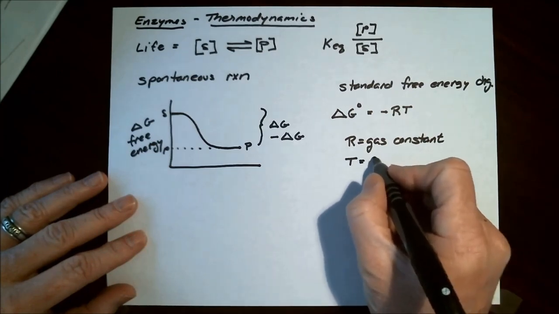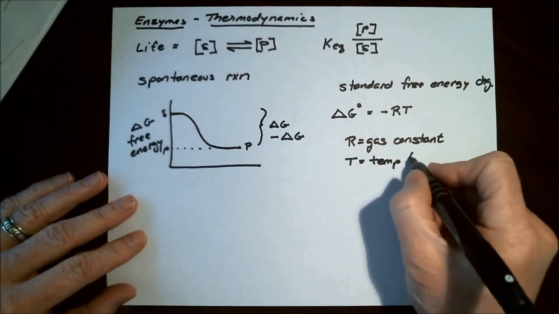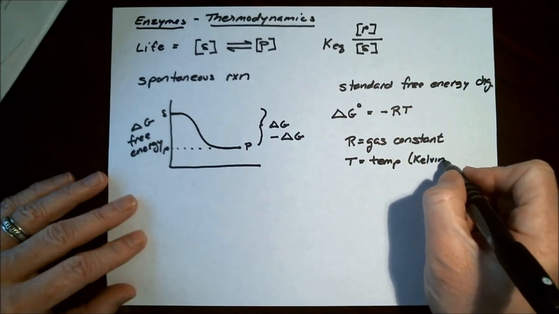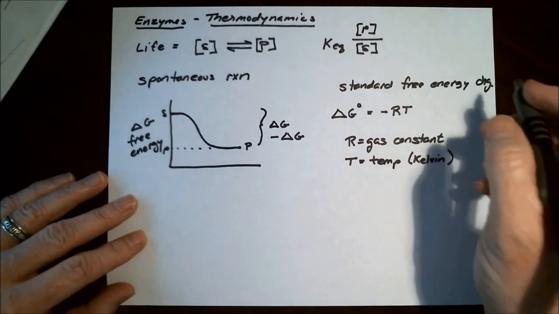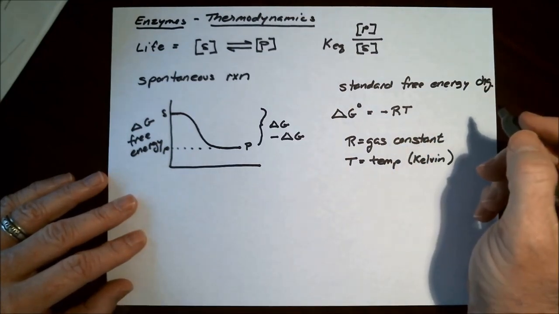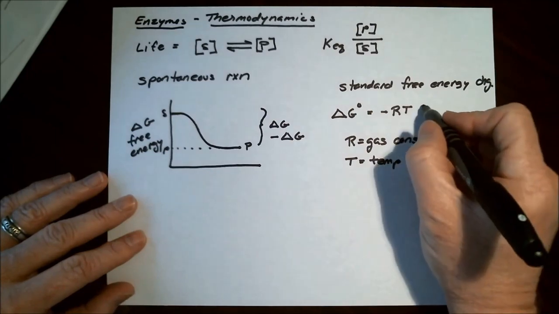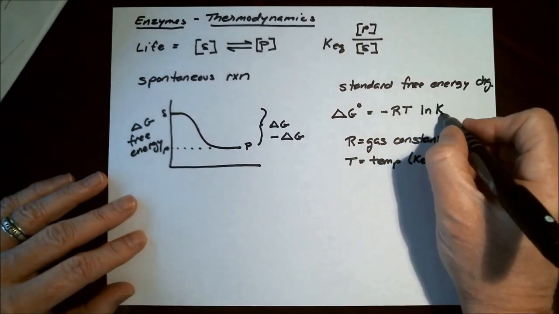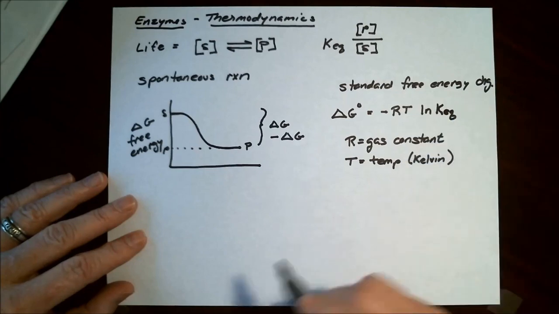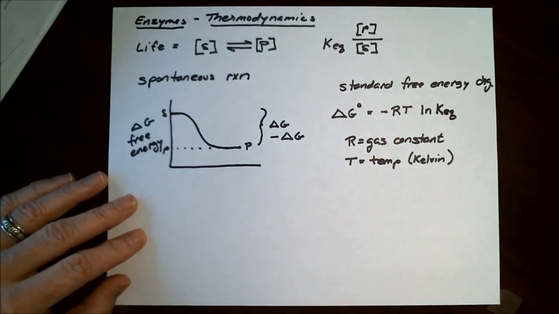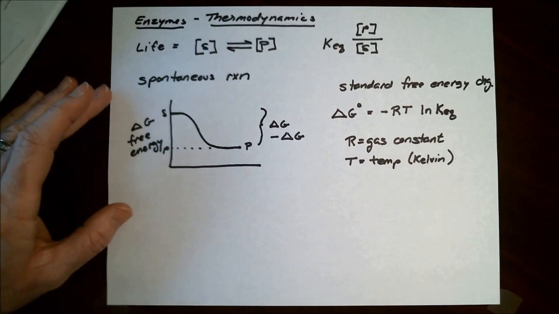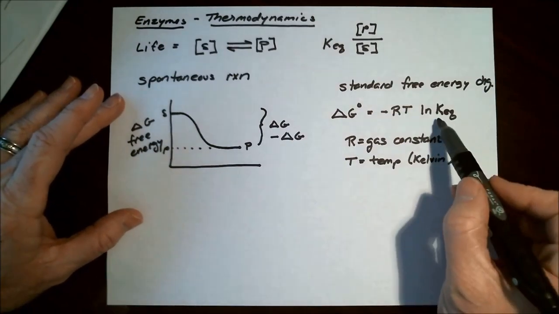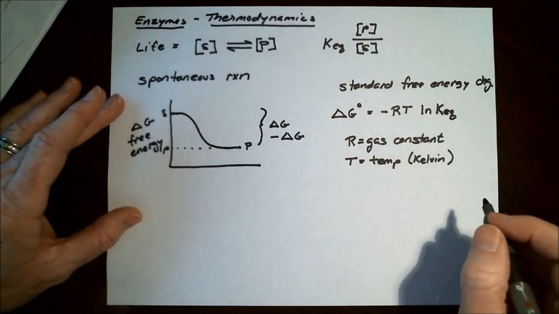T equals temperature in Kelvin. And then the final term in here is going to be the natural log of the equilibrium constant. So this is the calculation for the free energy change of any reaction, allowing the reaction to reach equilibrium.